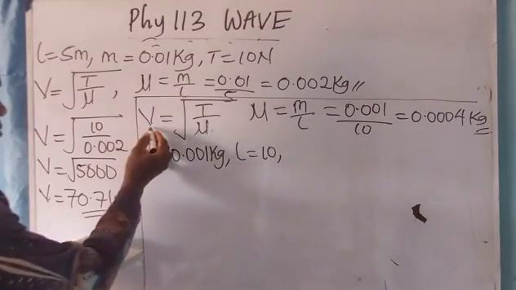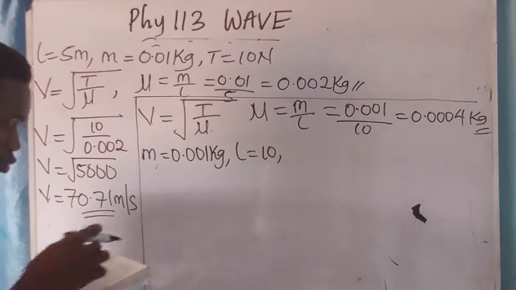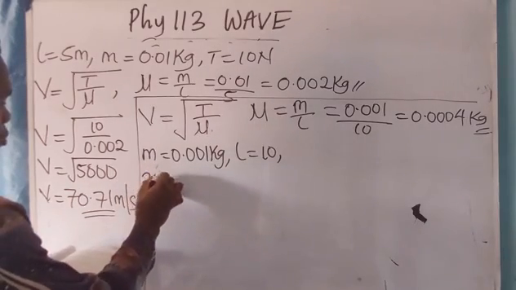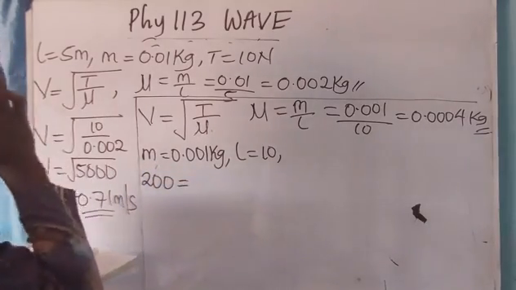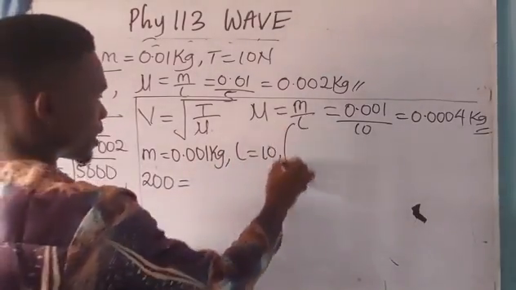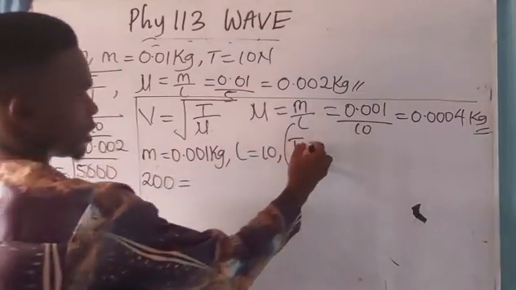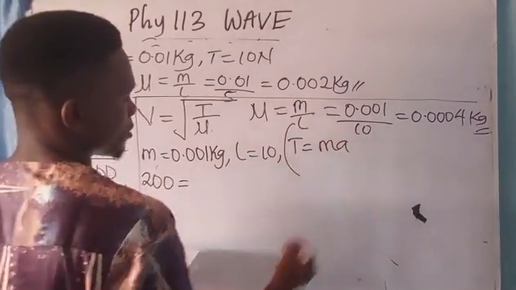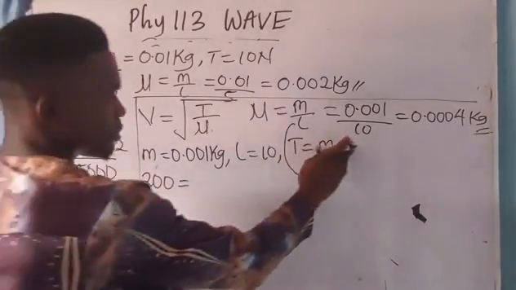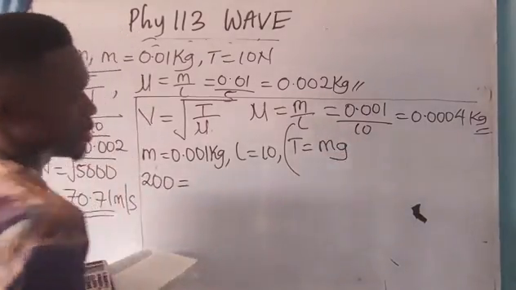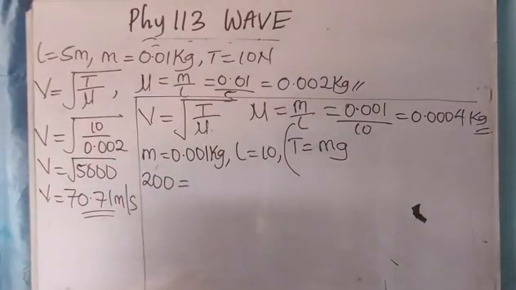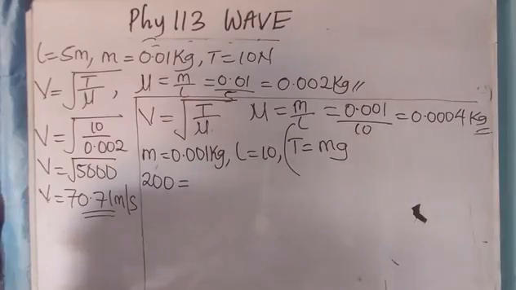From the question, they said that V is 200. So 200 equals... Now don't forget from elevation that tension is equals MA, or Mg. G is gravity, which is 9.8.